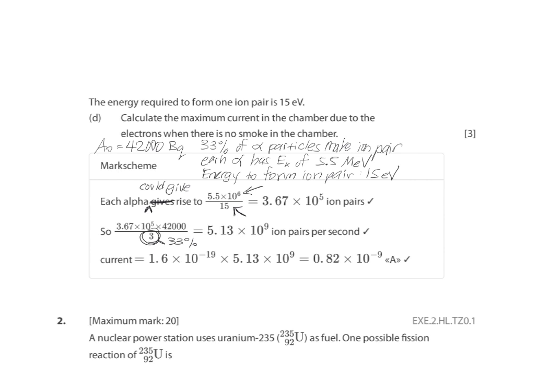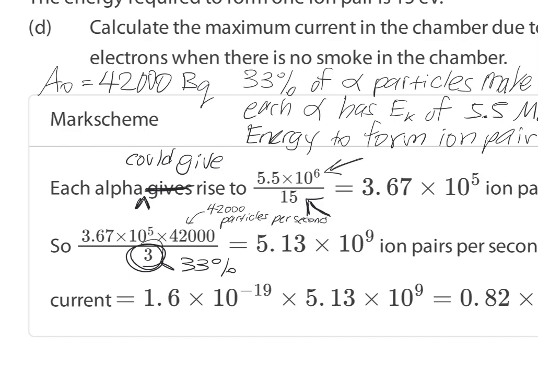That's the 33%. So we take the 3.67 times 10 to the 5, and then the 42,000, that's the activity rate. That's how many alpha particles are being made per second. So yeah, that's 42,000 particles per second.